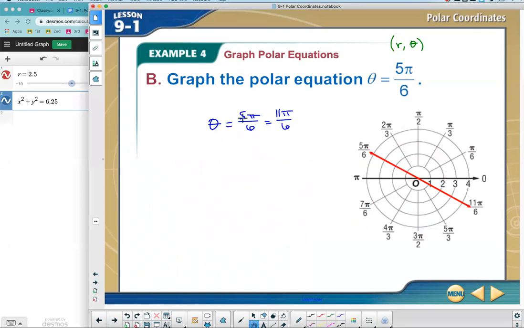If you wanted to graph this one, if you're like, how would I graph that? Well, it's a trick here. You need to take the tangent. If I said tangent theta equals tangent of 5 pi over 6, I'm going to come over here to the unit circle.